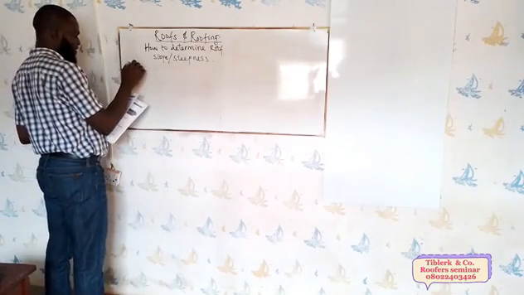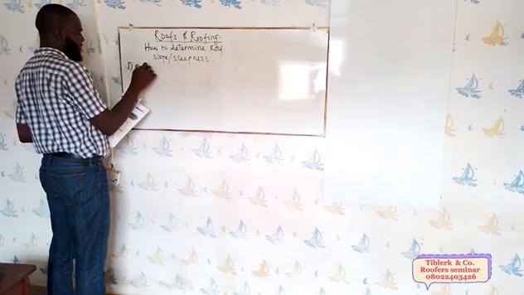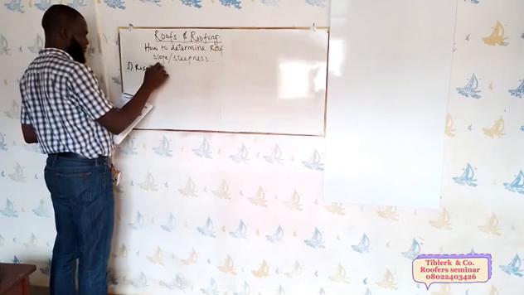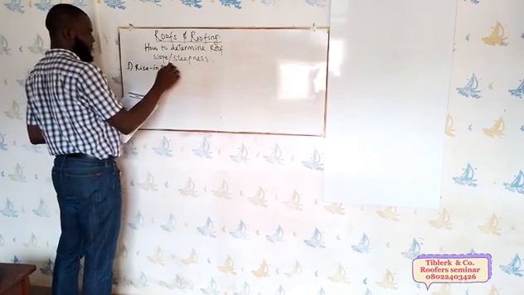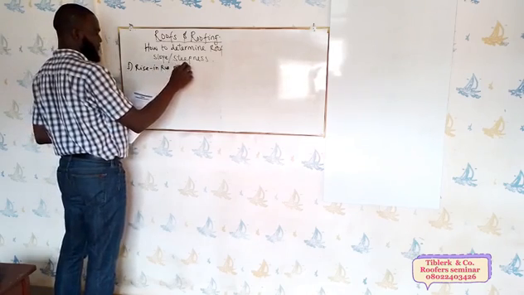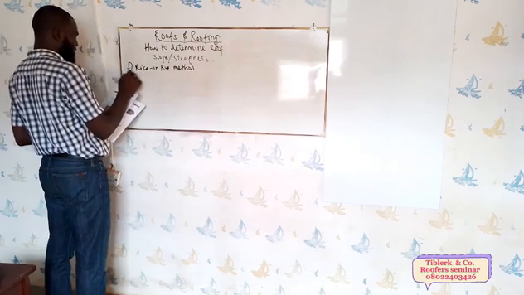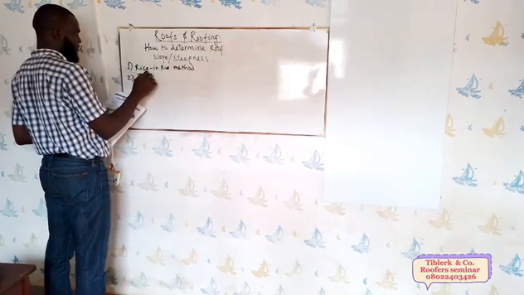The first one is the rise in run method, while the second one is the grease method.